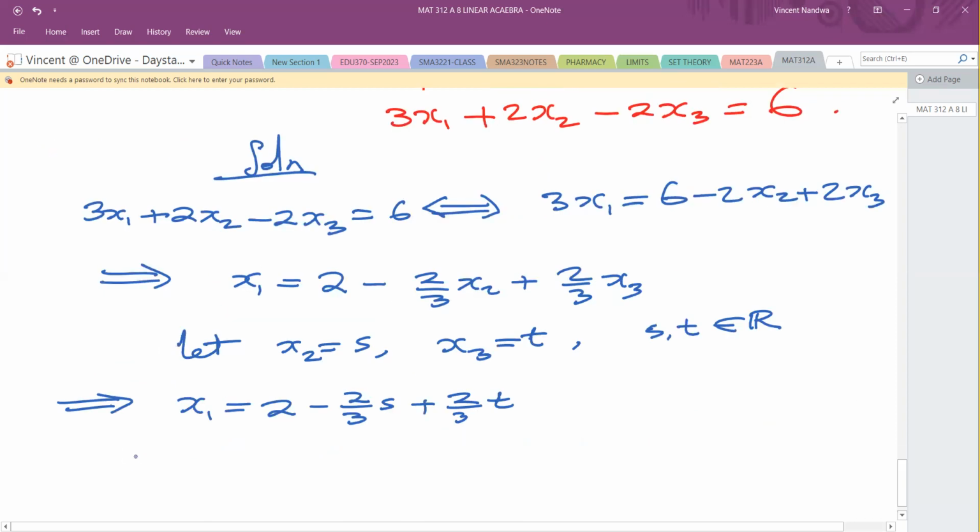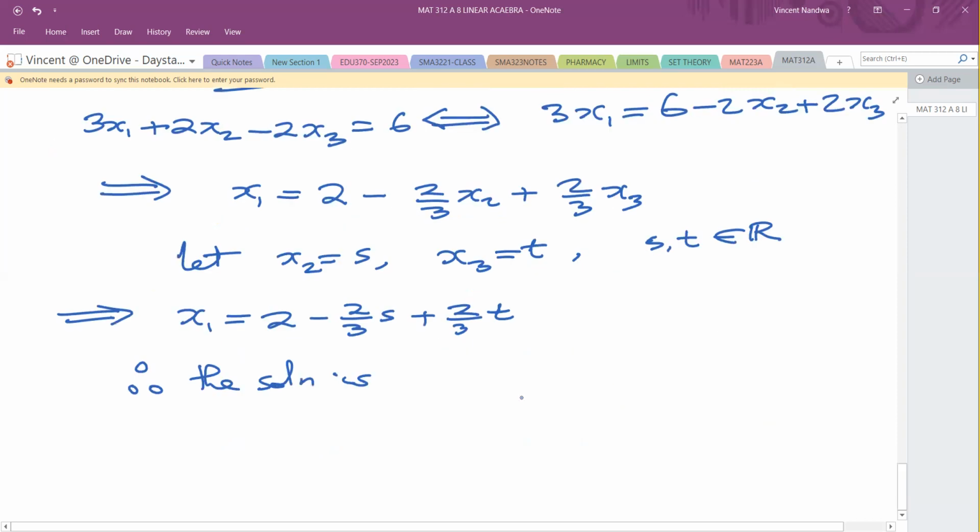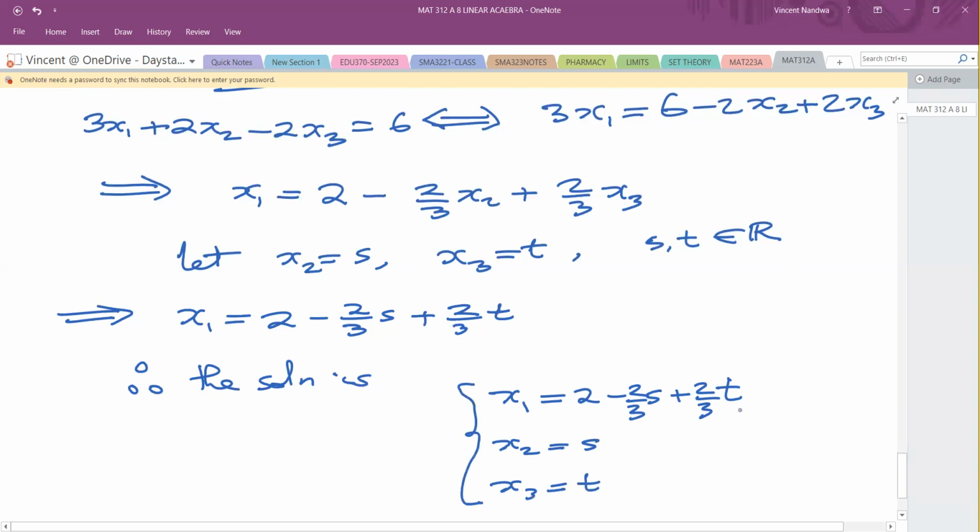Therefore the solution is x1 given by 2 minus 2 over 3 s plus 2 over 3 t, x2 is s, x3 is t, and then you specify that s and t are real numbers.